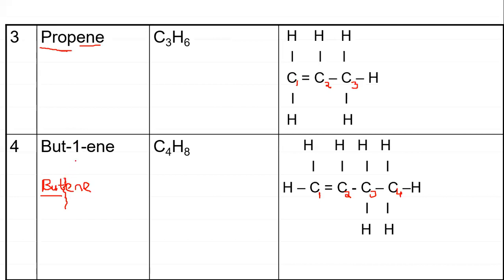After putting a 1, you know that now you have a number and a letter next to it. According to IUPAC rules, remember, you have to put a hyphen between a letter and a number.